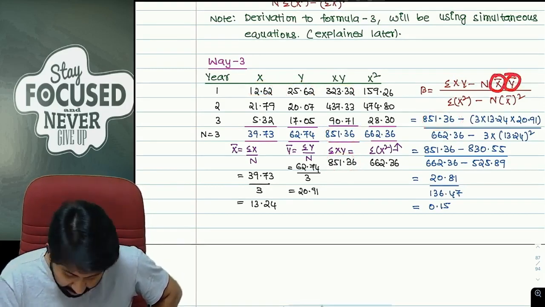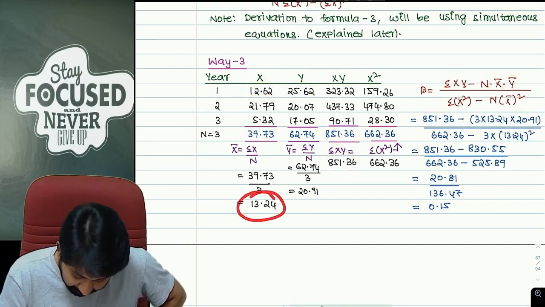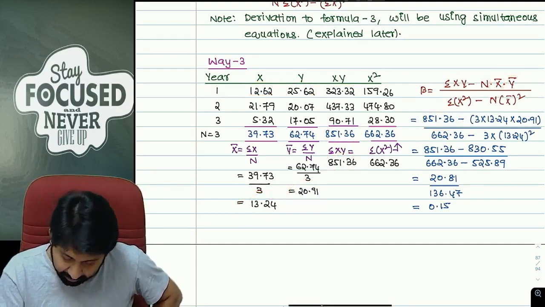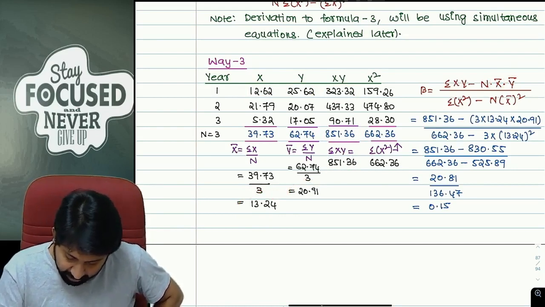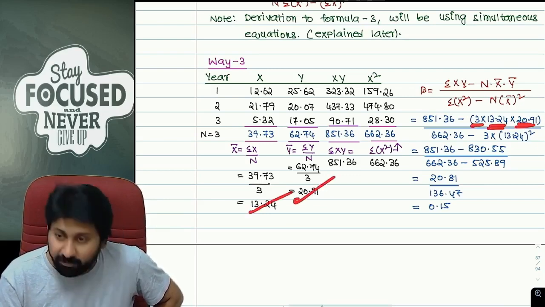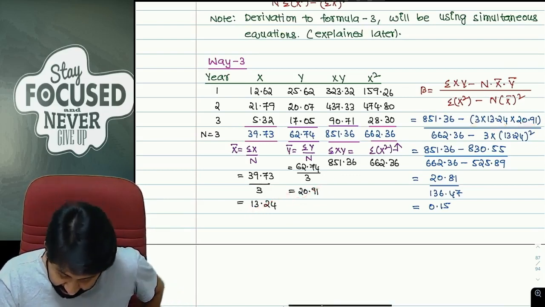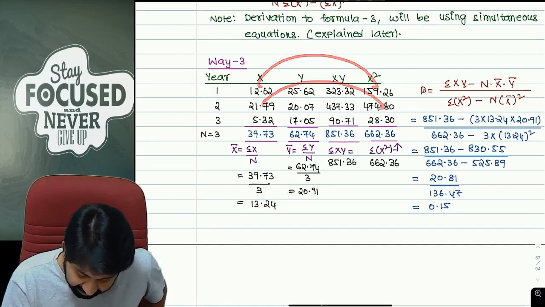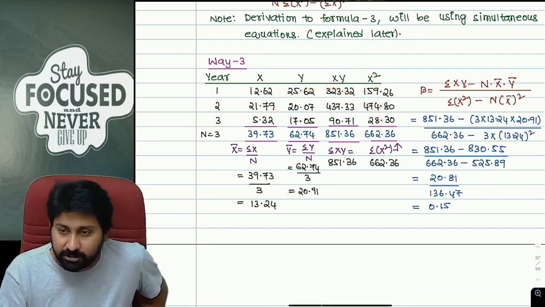X bar y bar, already we calculated in the previous formula. So n into x bar y bar. So n 3, x bar 13.24, y bar 20.91. X square: 12.62 square, 21.79 square, 5.32 square.